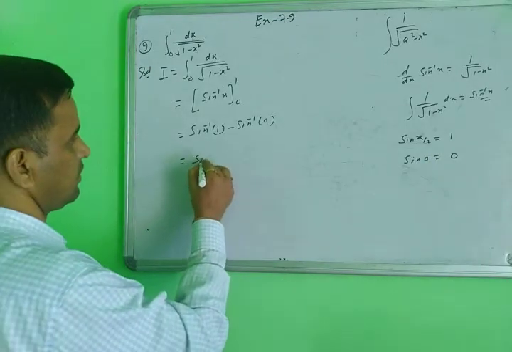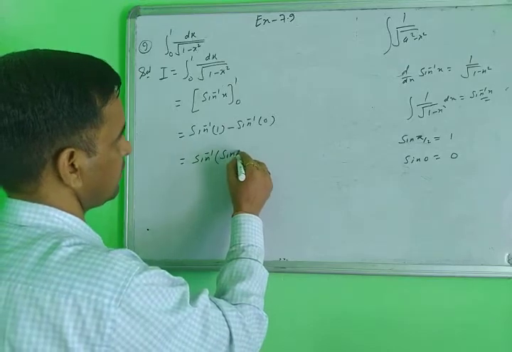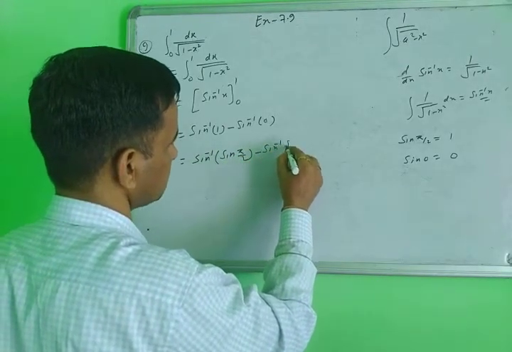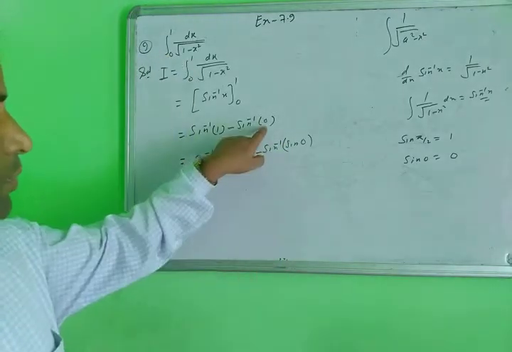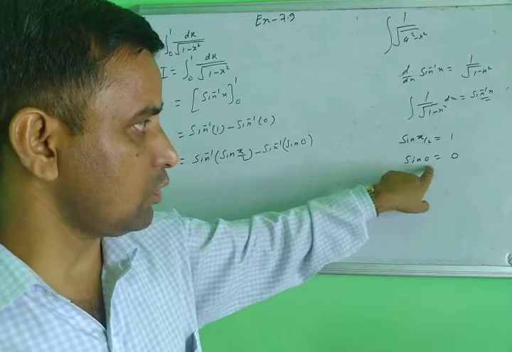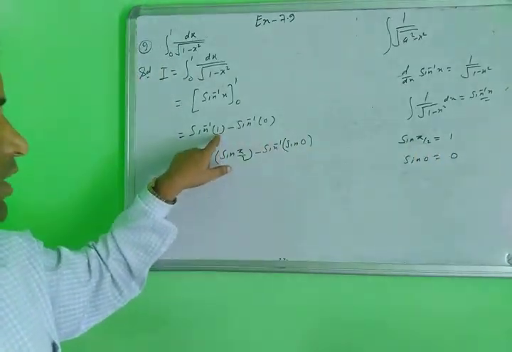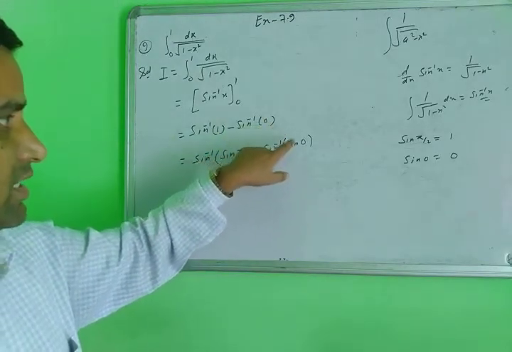Then sin inverse sin pi by 2 minus sin inverse sin 0.